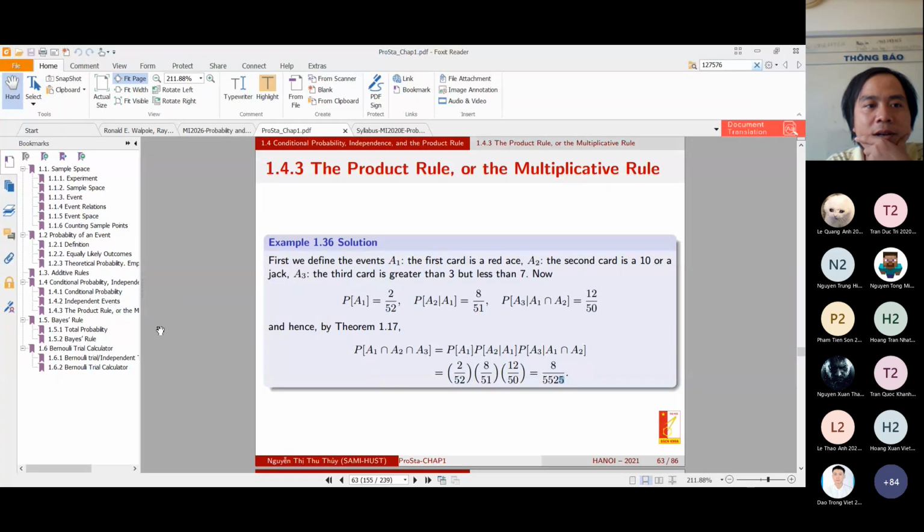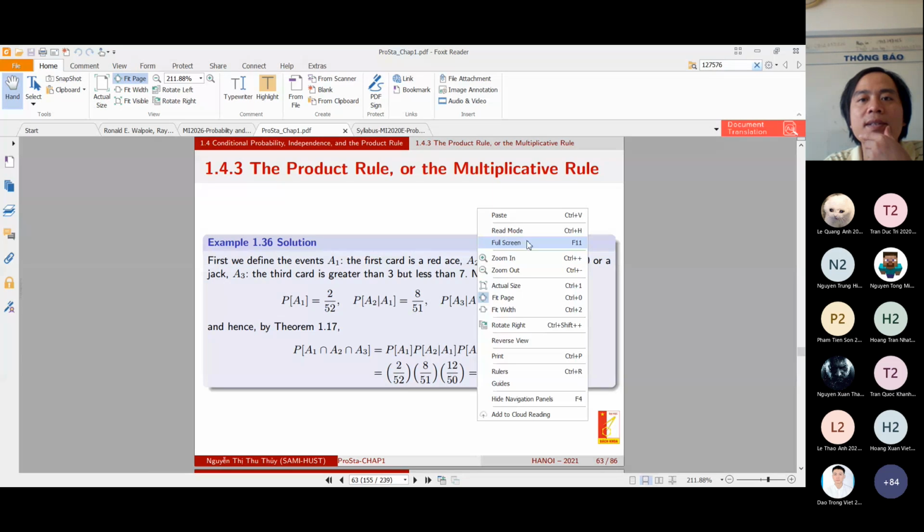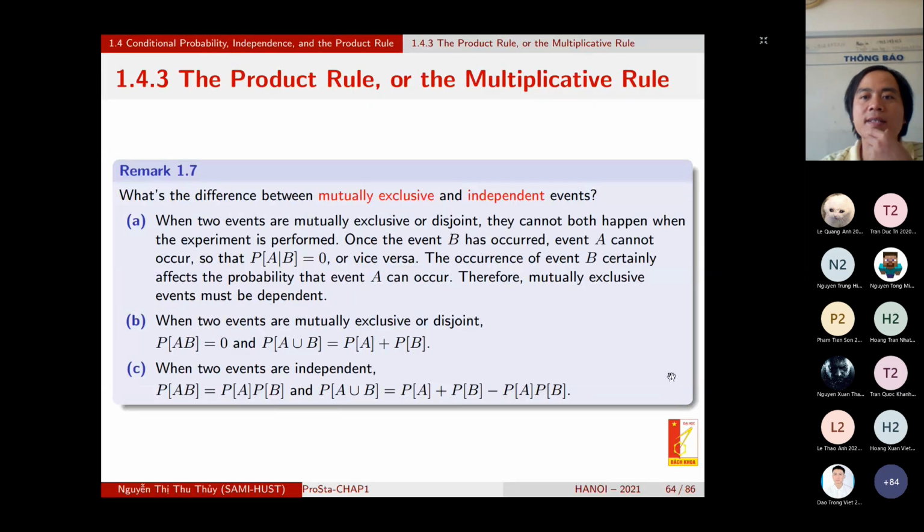And now we consider Bayes' rule. We move to Bayes' rule. It is a very interesting theorem. Okay, let's continue.